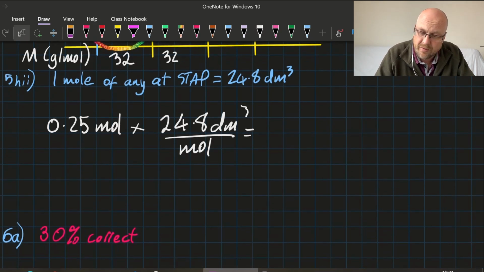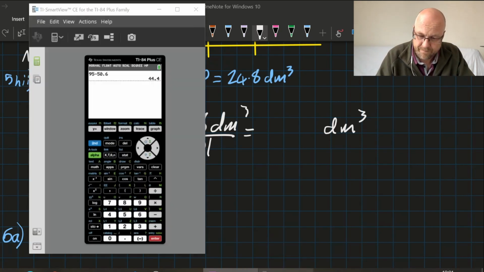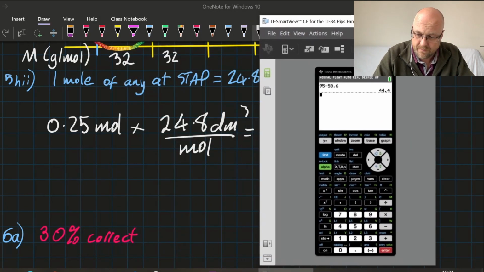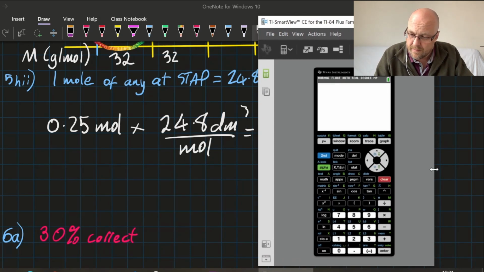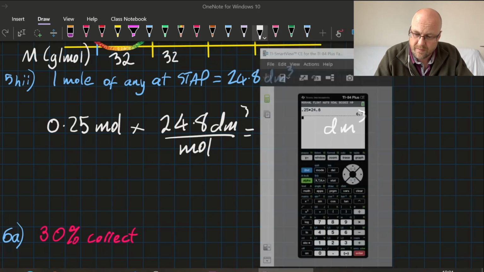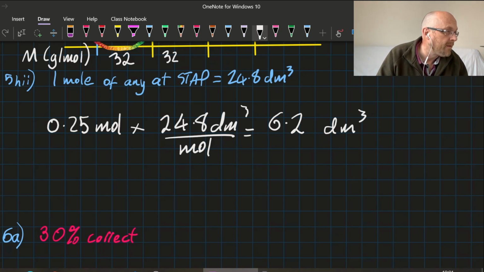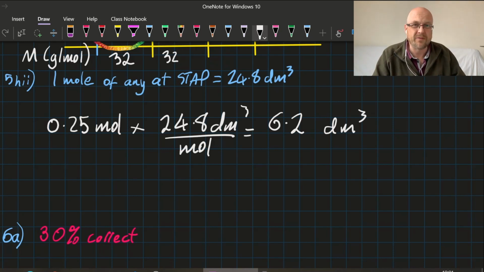So how many decimeters cubed do I have? 6.2. 6.2 decimeters cubed. Yep. Okay, they're lulling me into a false sense of security. Hammer's going to fall.